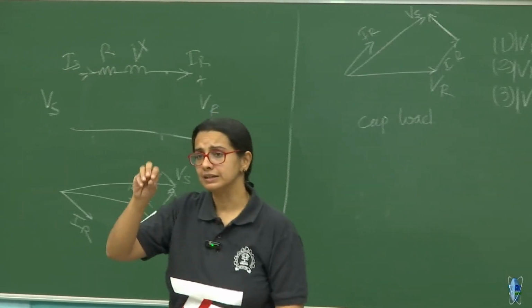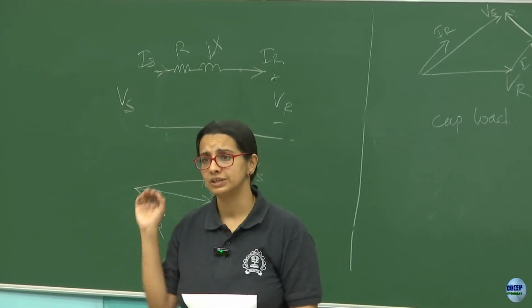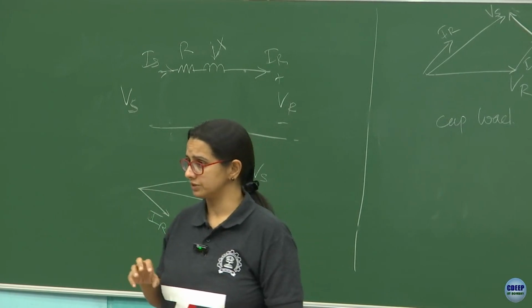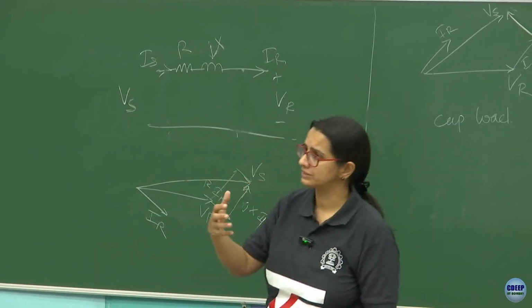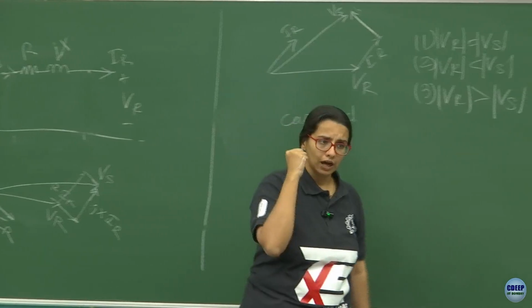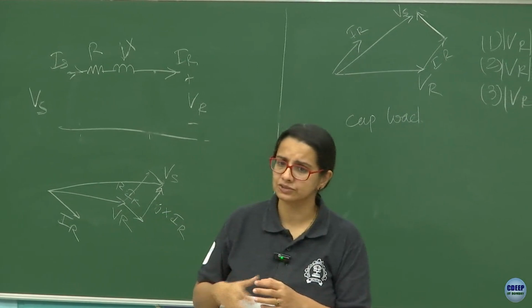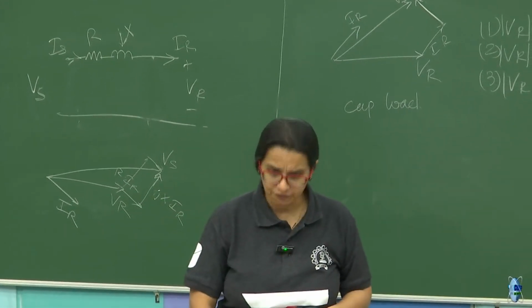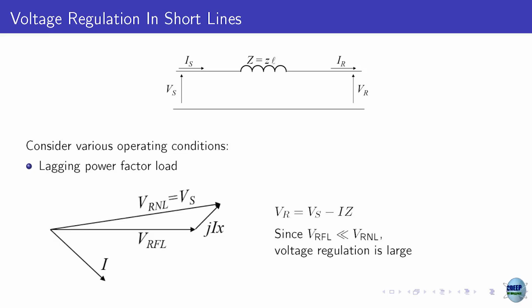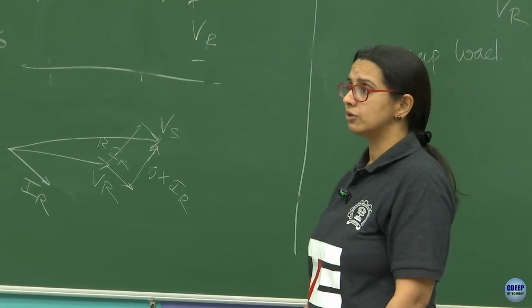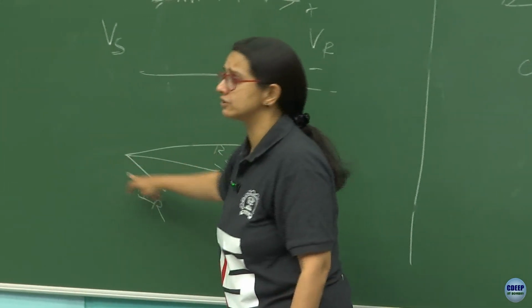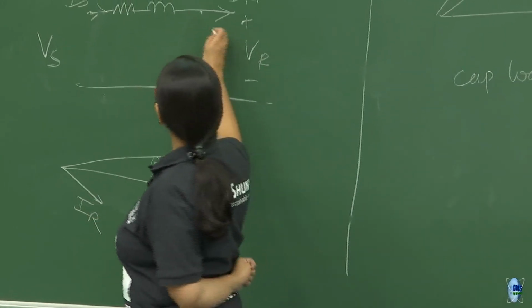And this is in fact a way for the utilities to regulate your voltage. If you were in situations where your loading is going to lead to a large difference between your sending end and receiving end voltage, I could simply do a power factor correction. If this is the nature of my current, I'm going to install a capacitor here.